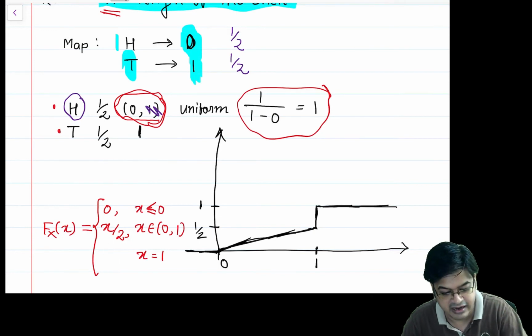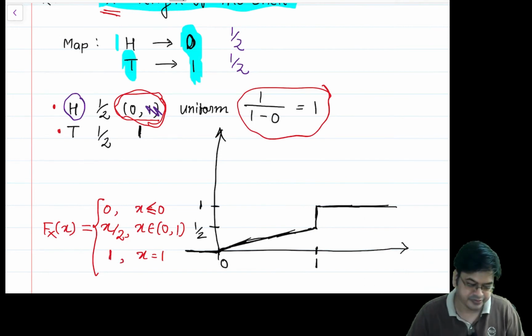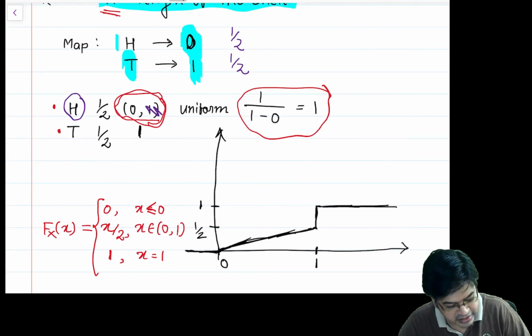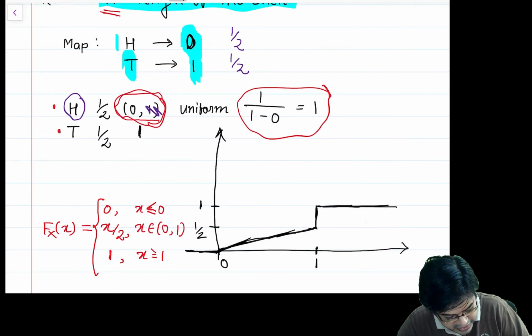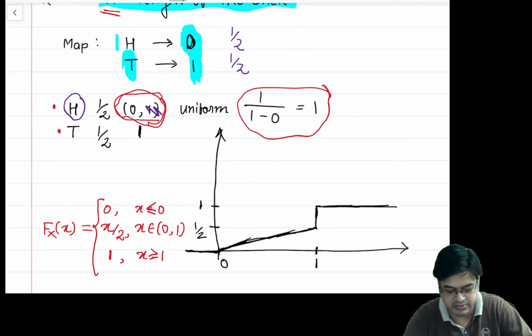So this will have a jump of size half, and therefore I will get this to be equal to 1, and then it will be 1 all the way around. So for x greater than or equal to 1, it will be 1, and this will be the graph of a CDF.